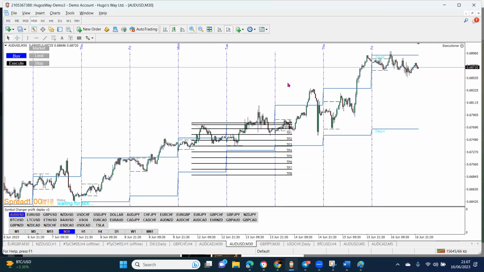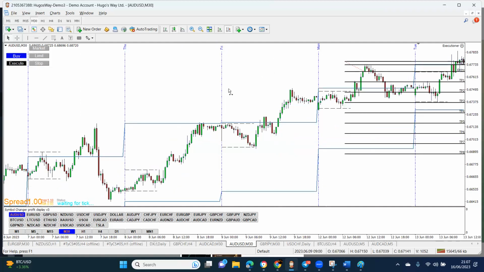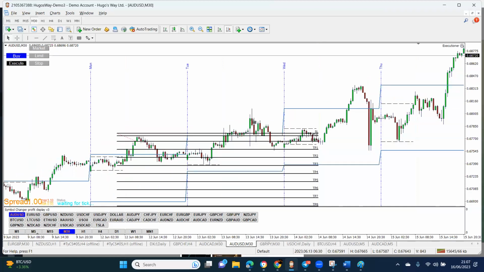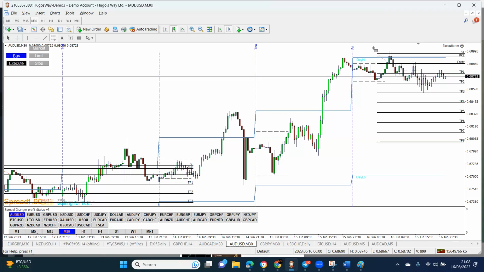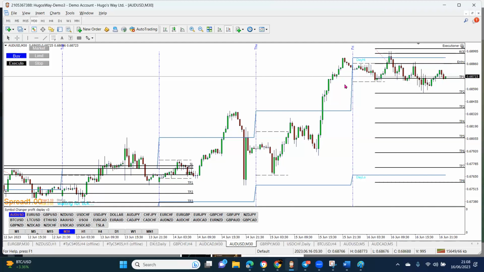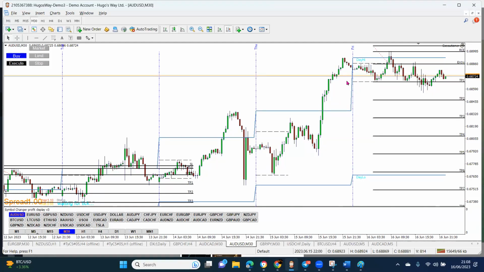So let me expand so you can see. The highest. Again, you didn't get an entry for your trade at all. You had another high of the week, this here. Right? So this is how this would have played if you use the daily time frame.